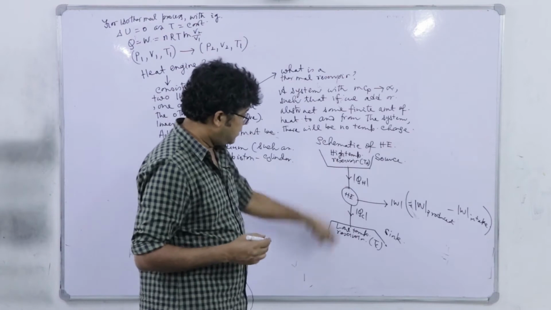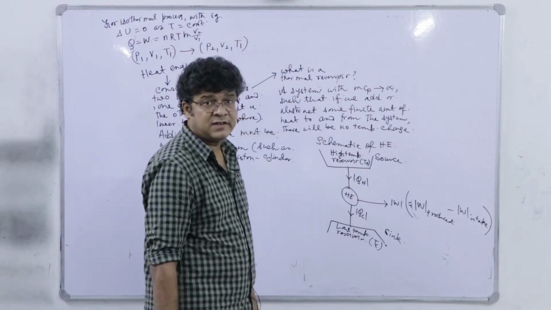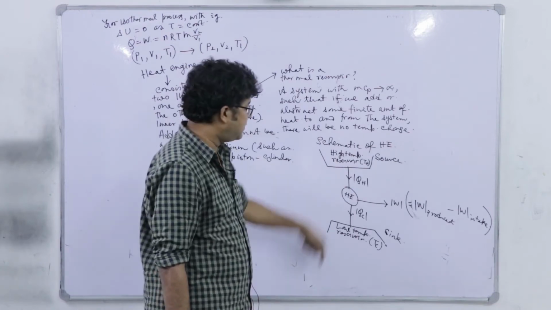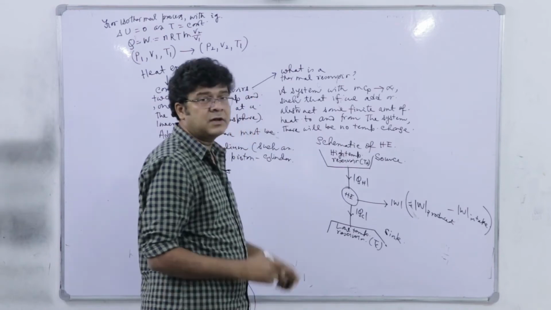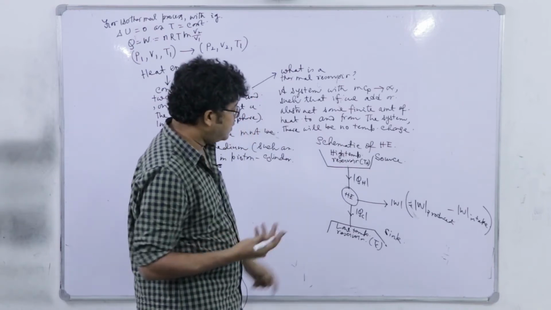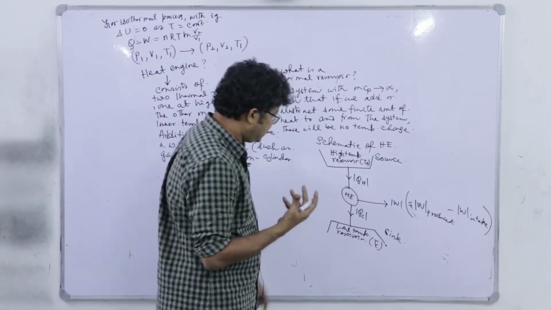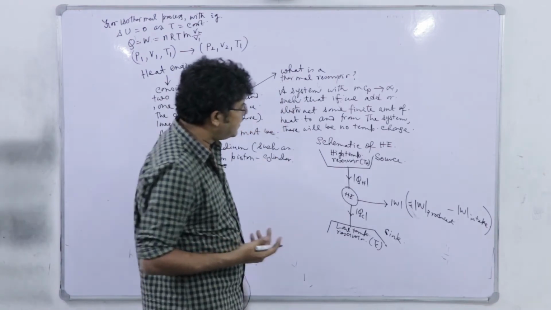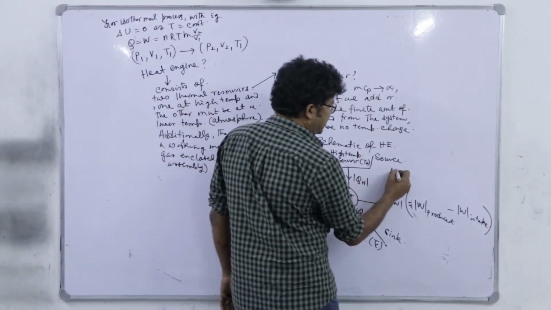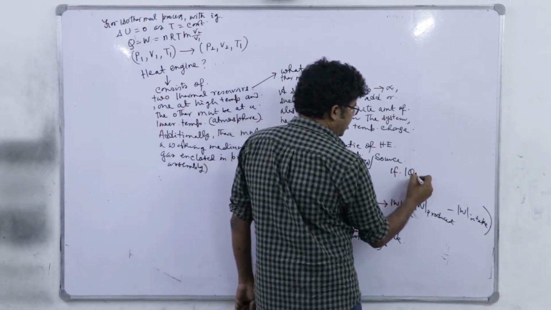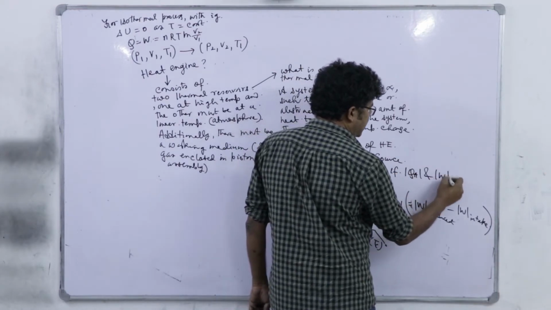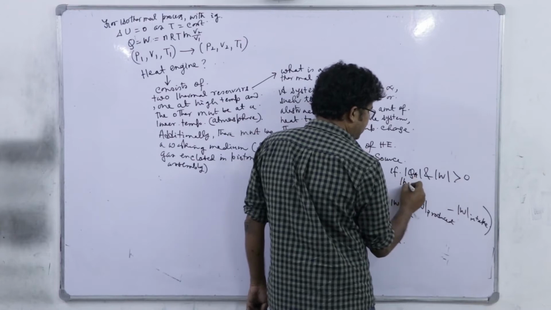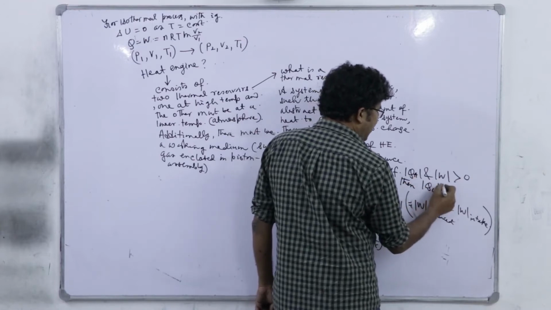However, according to the second law statement, it also has to reject some amount of heat to the cold reservoir. So, we can write the Kelvin Planck statement like this: if mod QH and mod W are greater than 0, then mod QC has to be greater than 0.